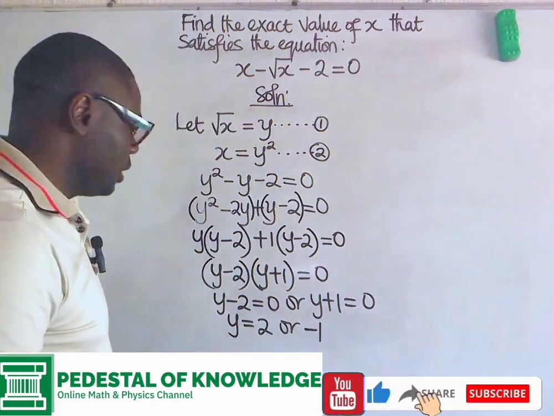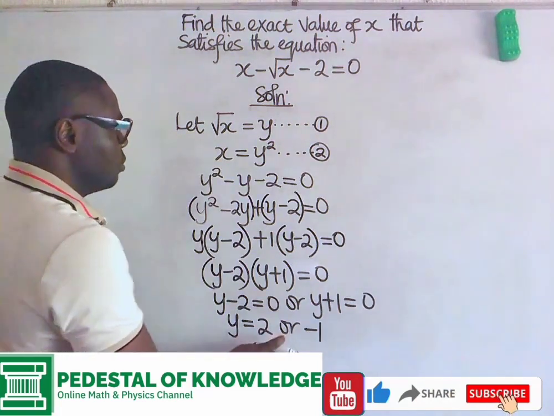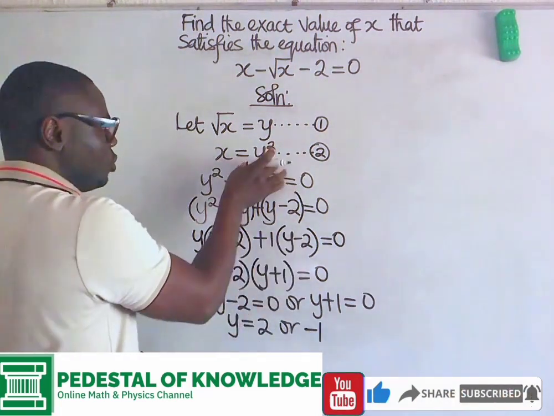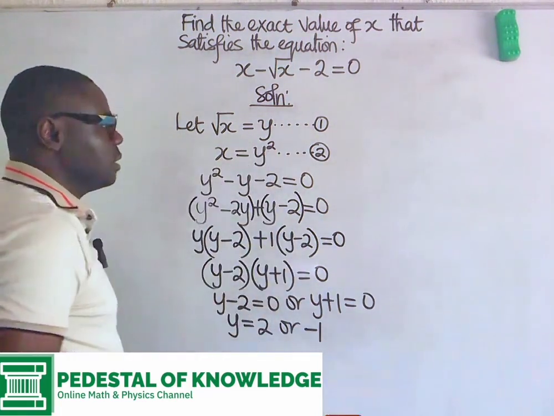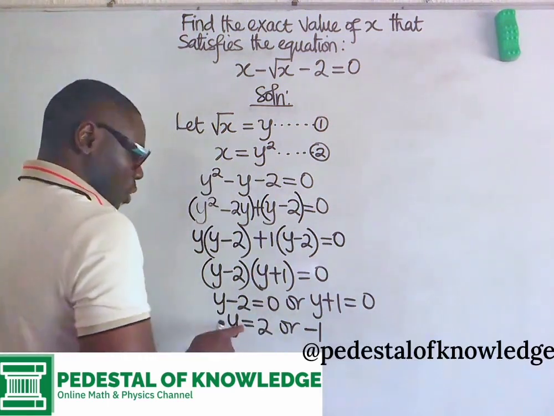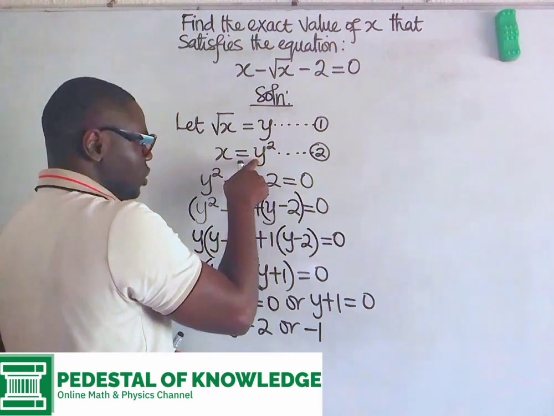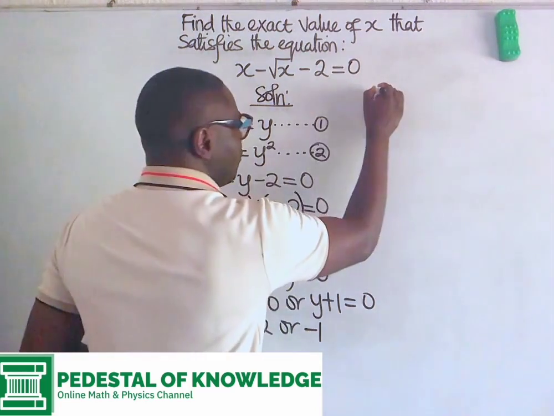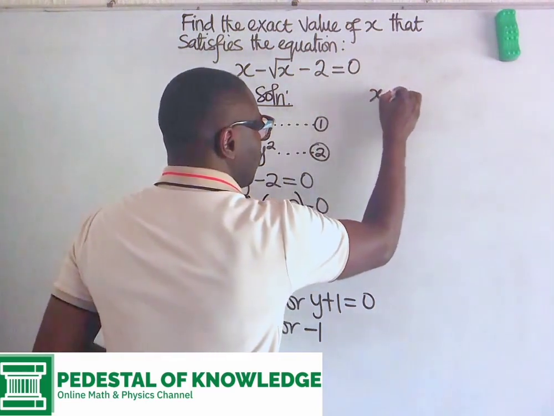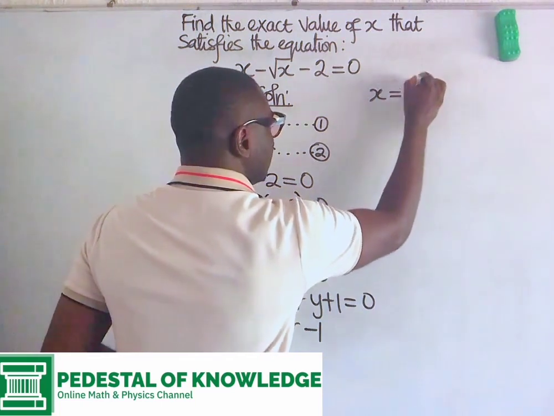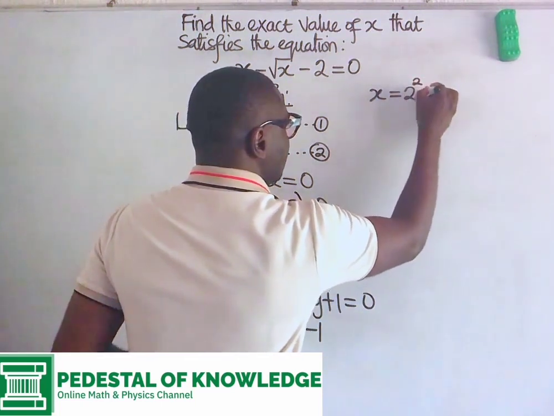So what we are going to do now is to substitute these values into equation 2 to get the values of x. Okay, now when y is equal to 2, we put y as 2 in this equation. So we are going to have x is equal to 2 squared, and 2 squared is equal to 4.